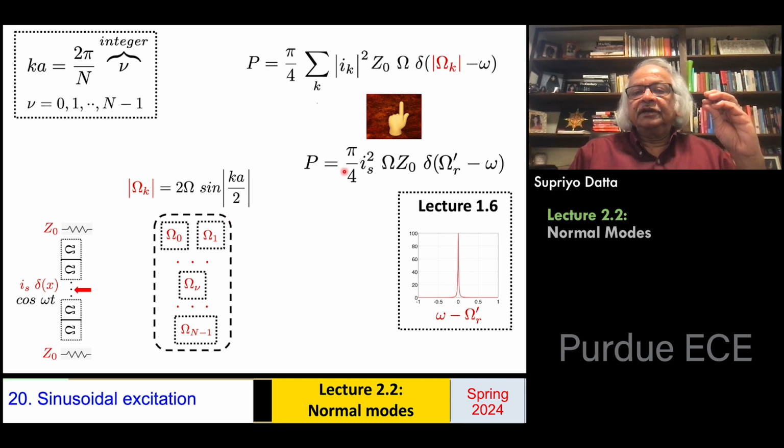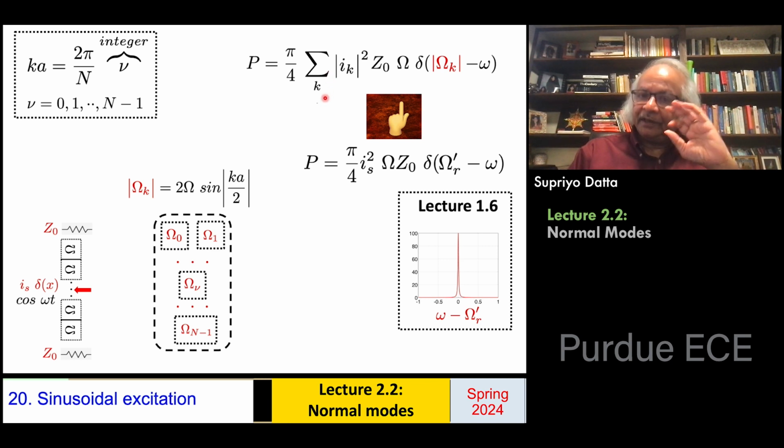So what I have to do is write the power delivered to each oscillator and add up all the oscillators. That's it. That's the power of this normal mode approach, that you can treat each one individually, independently, and go from what we learned in week 1 about single oscillators and apply it to a wave system like this. Now, let's show how you can evaluate this to get a sensible answer.